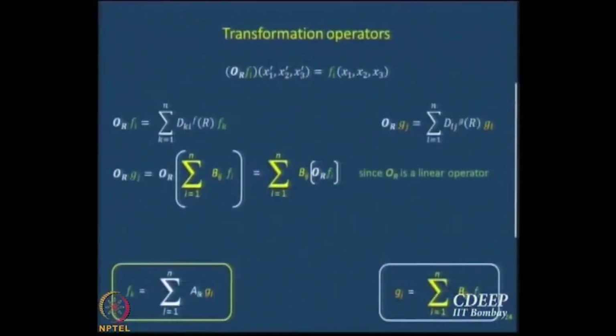So, when it operates on something, some number multiplied by a function, then the result is that number multiplied by OR operating on the function. This is what it is. OR is a linear operator. So, I can write it as sum over I equal to 1 to n Bij OR Fi. Are you okay? Fine. What is the definition of a linear function?